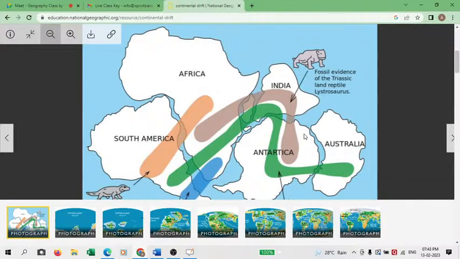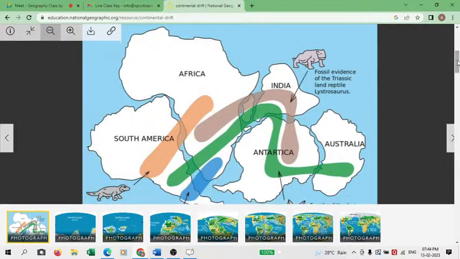Right? Now, critics were right in their questions, but Wegener was also right कि continents together थे, parallel evolution होना is also a reality. But Wegener was trying to prove the fact that this animal, Lystrosaurus, was found in Africa, India and Antarctica. इसके fossils मिले तीनों जगह. इसका मतलब कहीं ना कहीं these land masses were joined together.